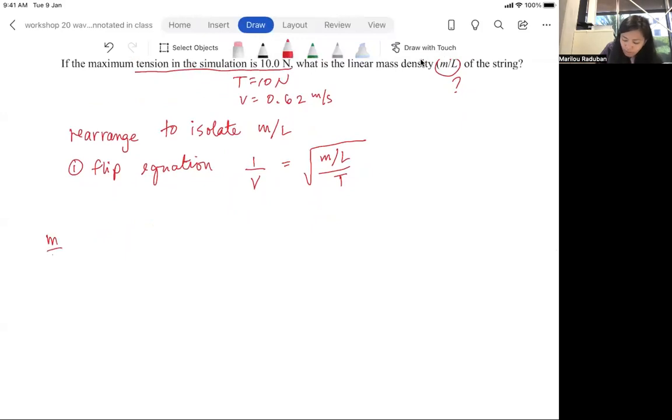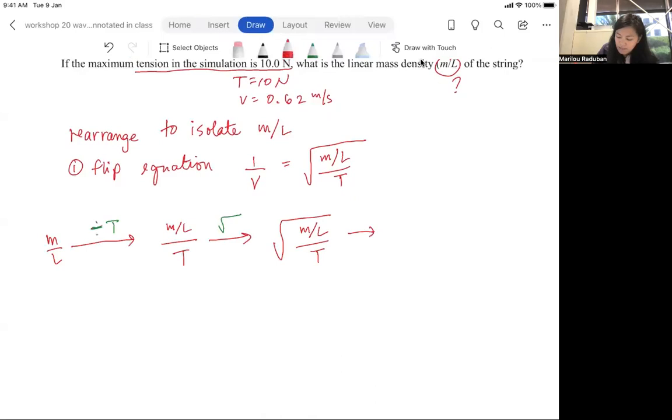You start with M over L, what you want to isolate. You divide that by T, then you take the square root, and that has built the equation for 1 over V.